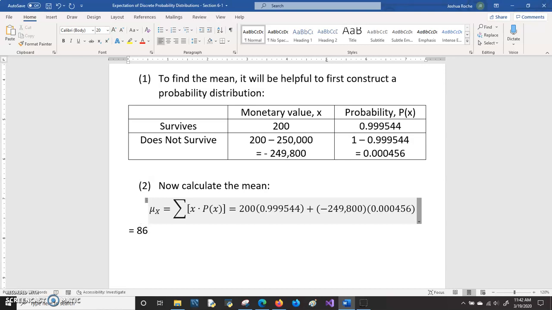And remember that that represents the monetary value. That's the expected monetary value.